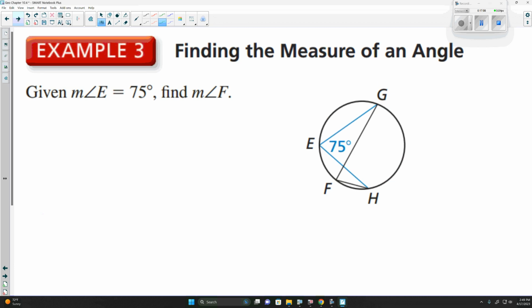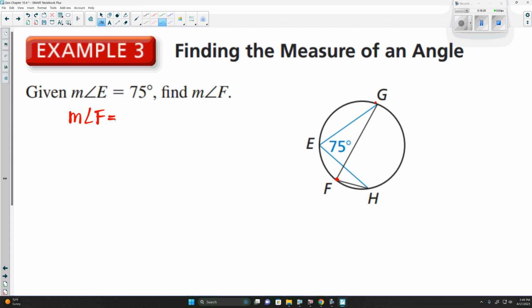So here, GEH is connected to arc GH, yes? Now it's asking about the measure of angle F. Is angle F connected to that same arc? Yes, so what should we know about angle E and angle F?